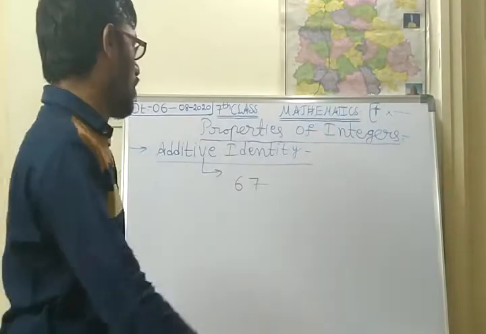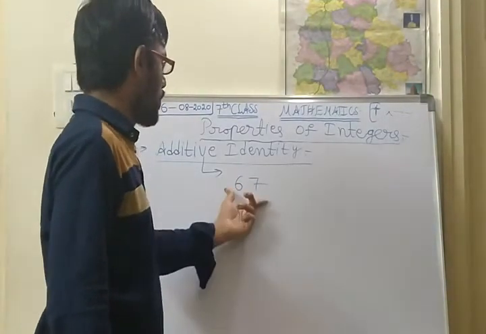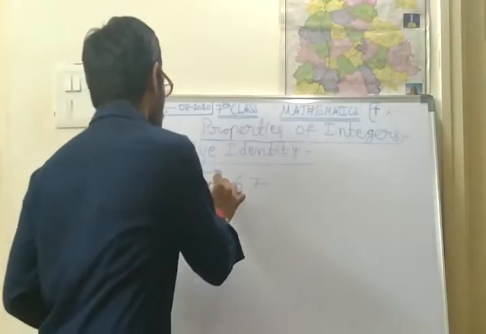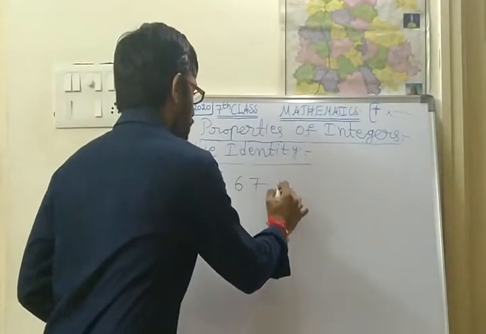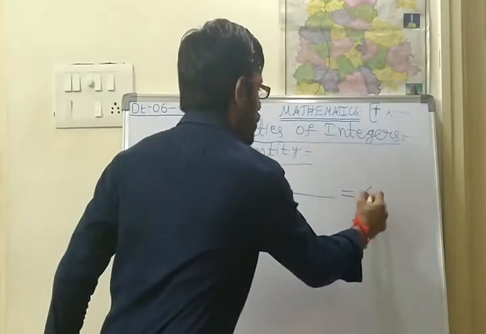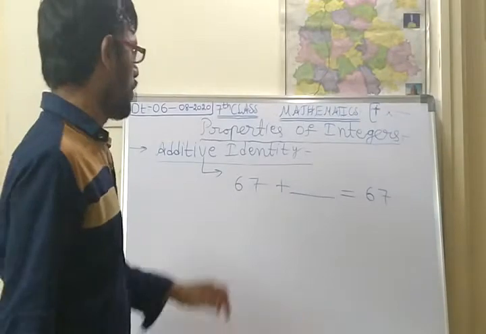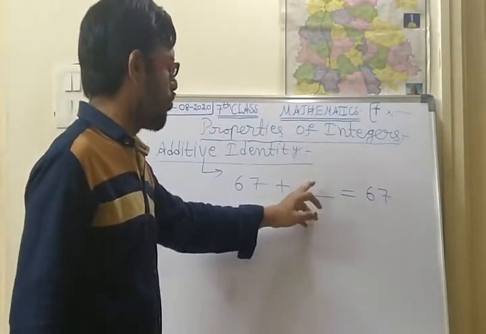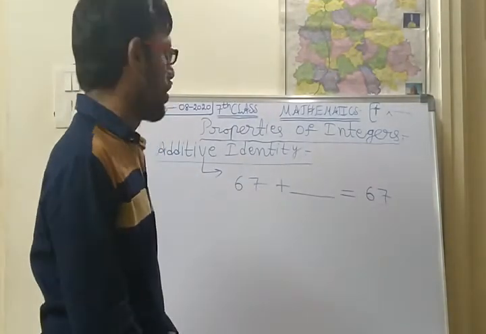This is a positive integer and a whole number. If we add something to it, the result should come the same number, 67 only. So now what do we have to add to get the same result?